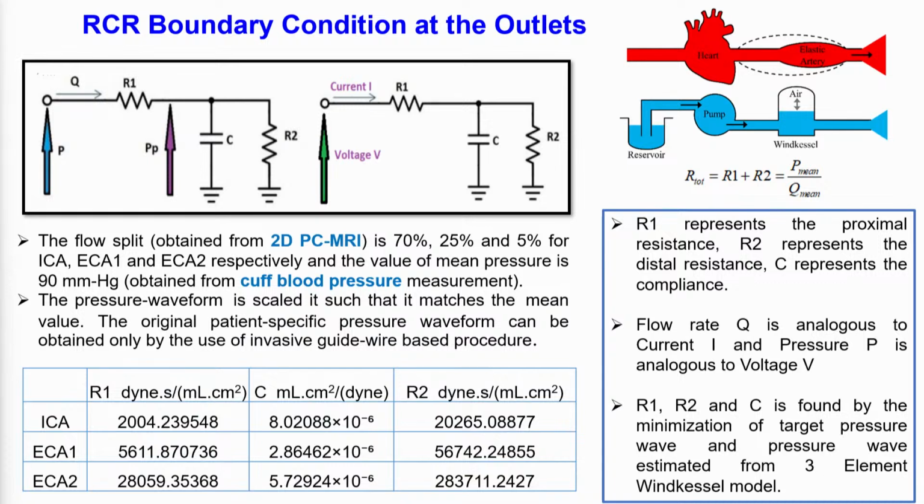The original patient specific pressure waveform is possible to know, but for that there is an invasive guide wire based procedure, very tough on a human. So, it is an invasive procedure, and then from that pressure versus time is known. Usually no person will allow you to do it unless they are at the mercy of the doctor, say someone has a heart attack and the doctor can do anything on the person to save the life.